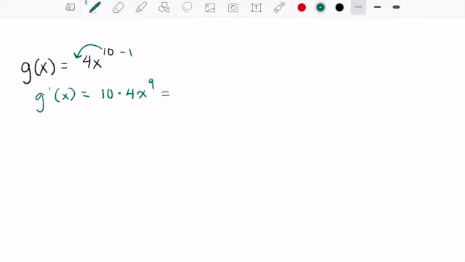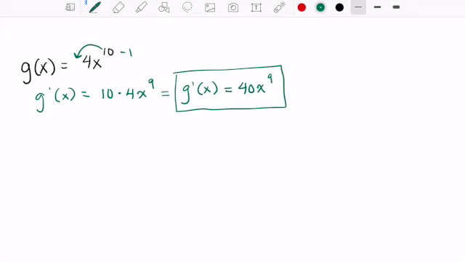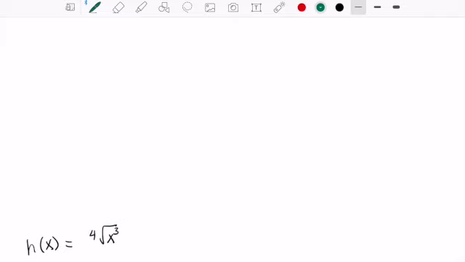So when we simplify this out, we get that g prime of x equals 40x to the 9th power. And that's it.